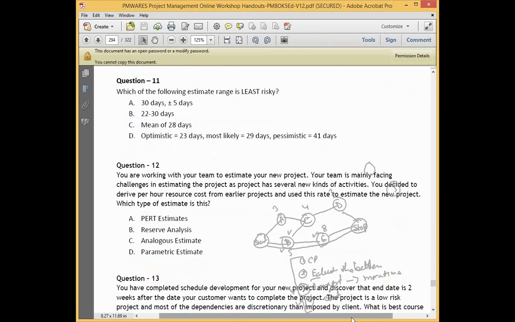So 30 plus minus 3. This is 30 plus minus 3, right?